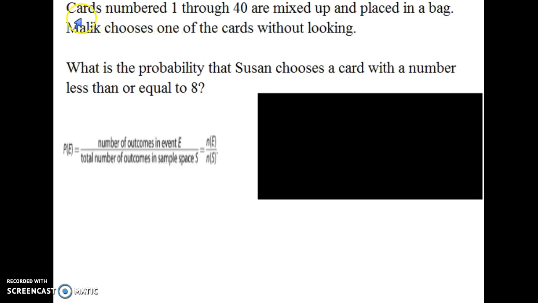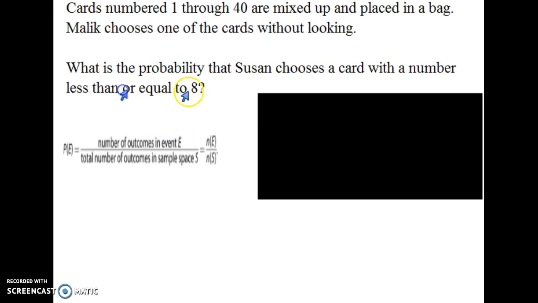All right, our next one is cards numbered 1 through 40 are mixed up and placed in a bag. Malik chooses one of the cards without looking. What is the probability that Susan, oops, that should be Malik, chooses a card with a number less than or equal to 8? So same formula we're going to use. How many outcomes would we have?